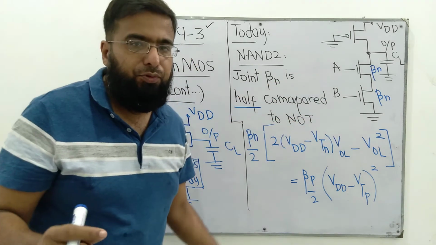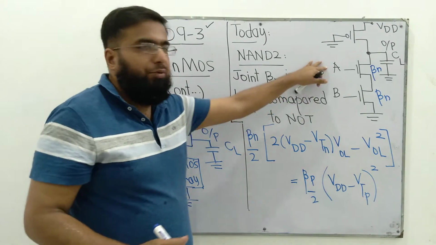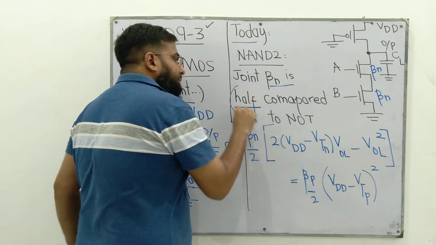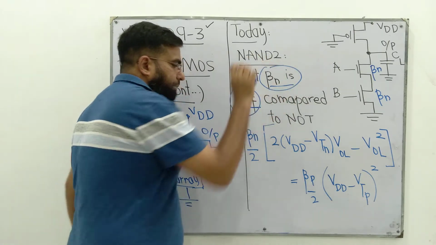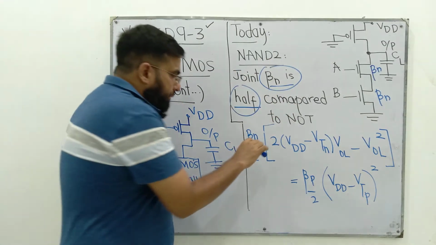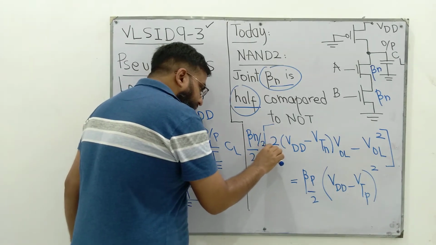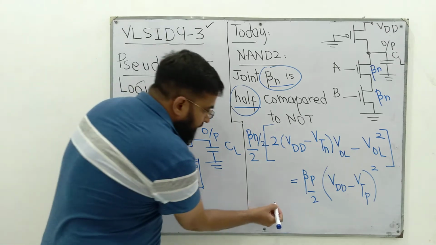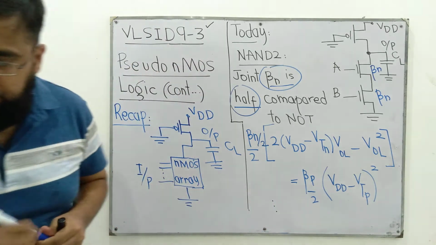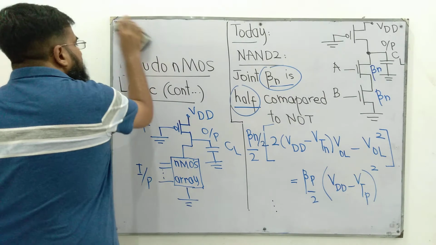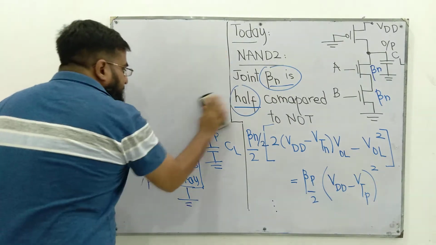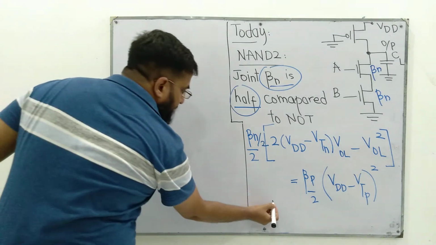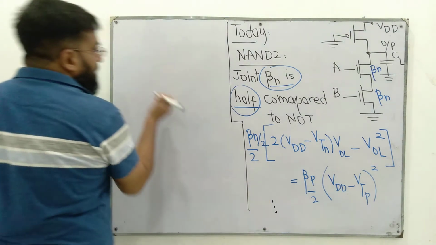So we have to take the cumulative effect: beta n is half because resistance is doubled, so we should divide it by 2. Now we will solve as we did in our last lecture.